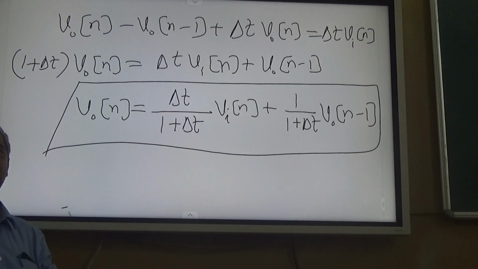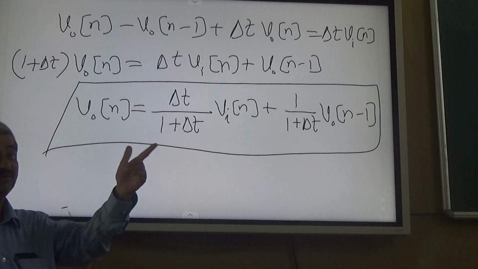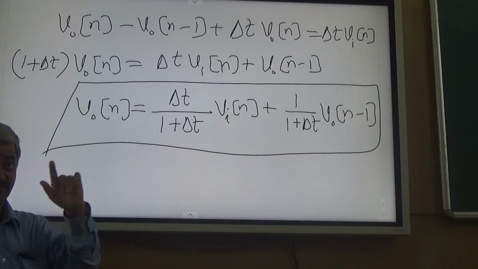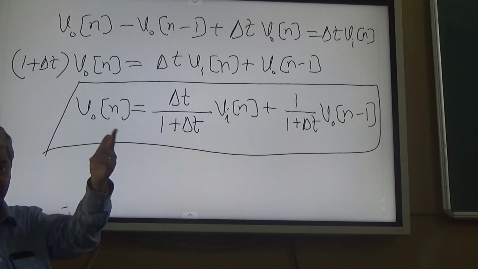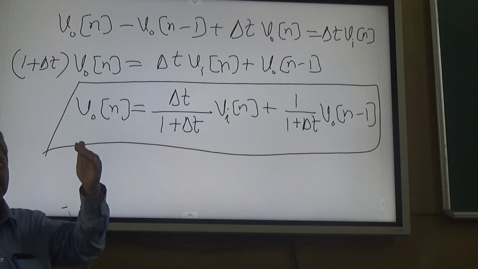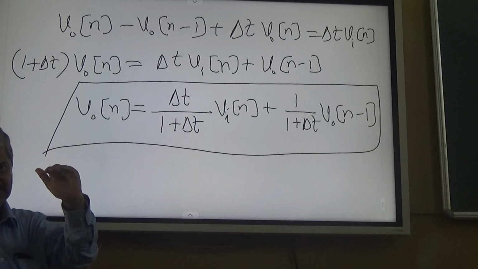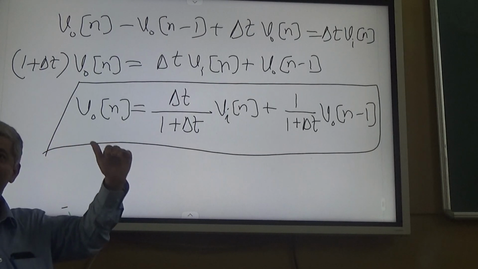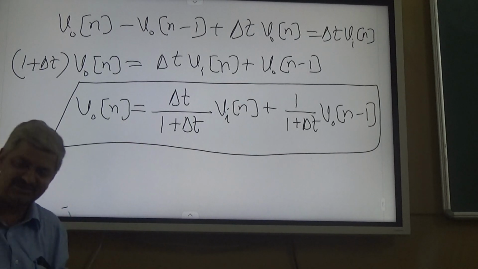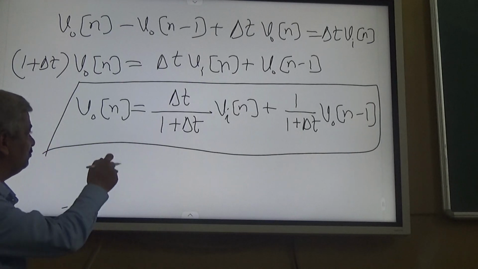So, I can allow VIN minus 1, because when I say a function of input, means on the right hand side there should be VIN, VIN minus 1, that is permitted. So in general, what I should have?